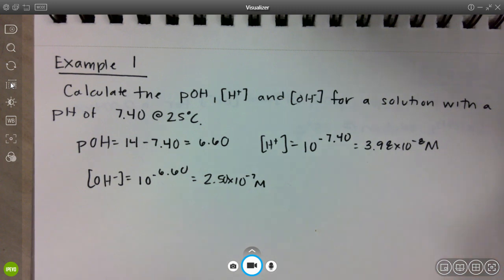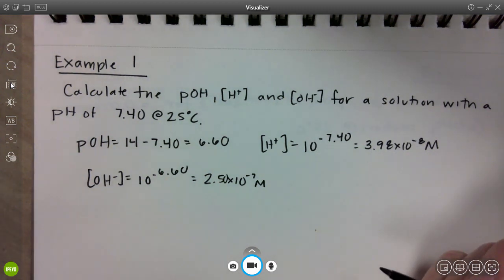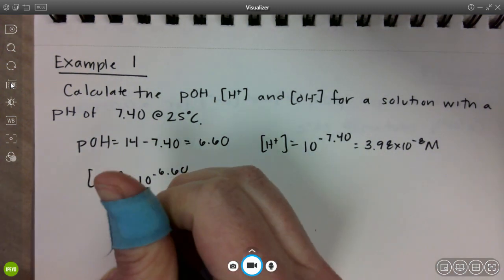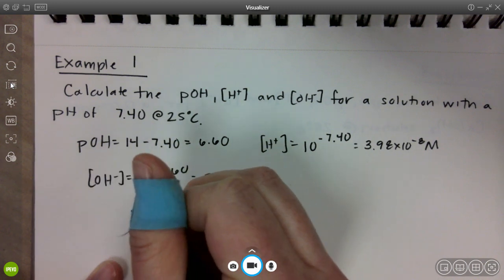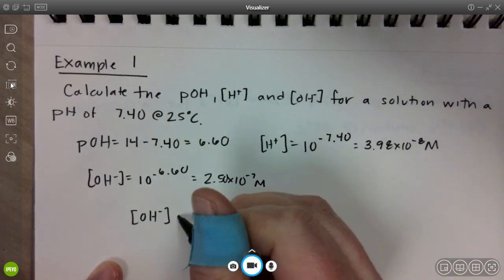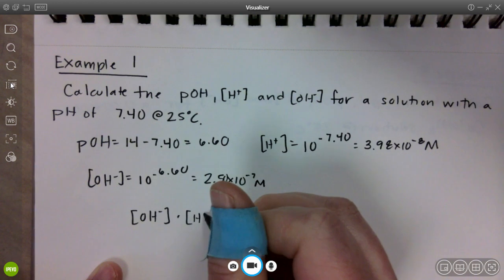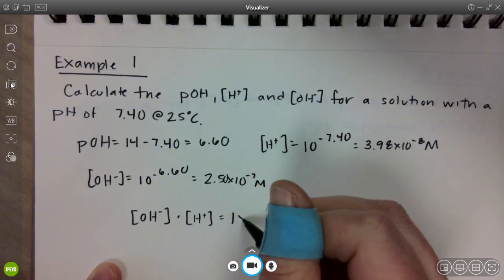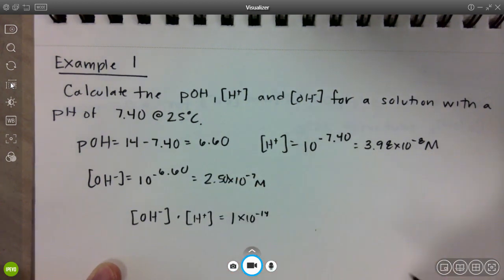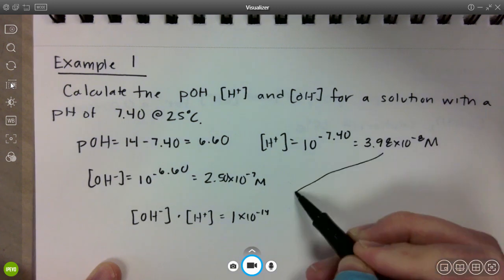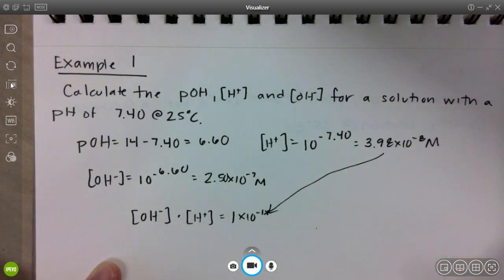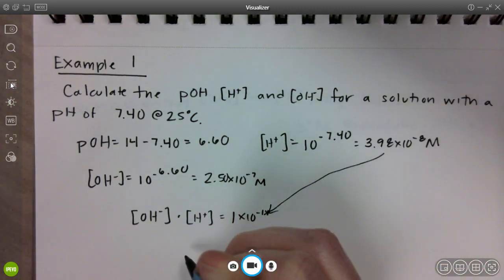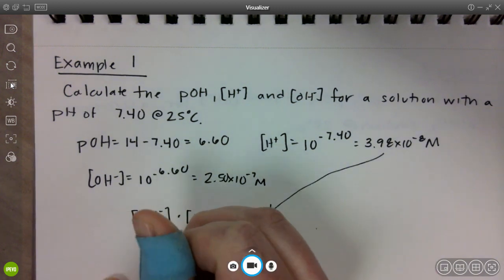Okay, that's one way. The other way we could solve for this if we wanted to is that we know concentration of OH minus times concentration of H plus has to equal 1 times 10 to the negative 14th. So if I knew my H plus concentration first, then I could solve for my OH minus.